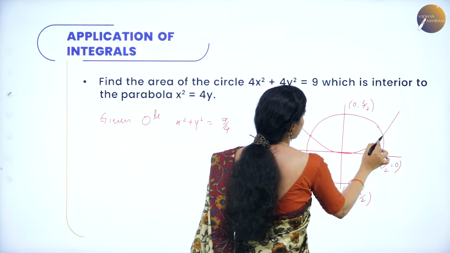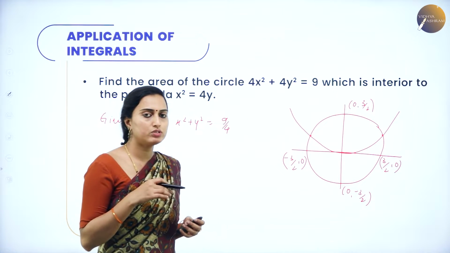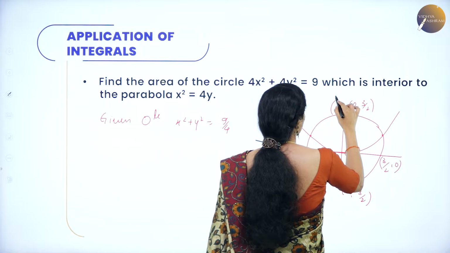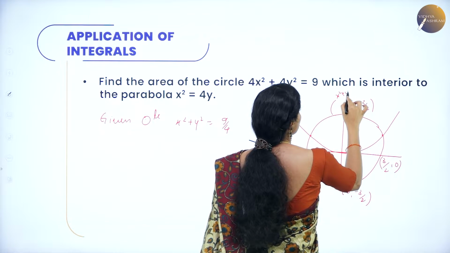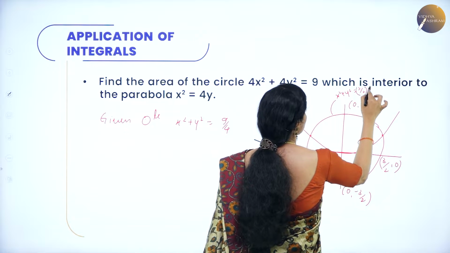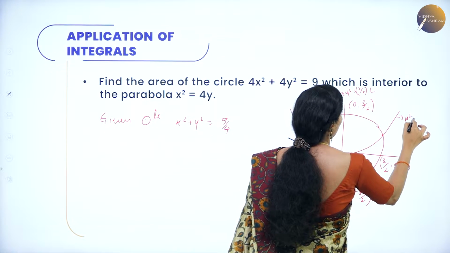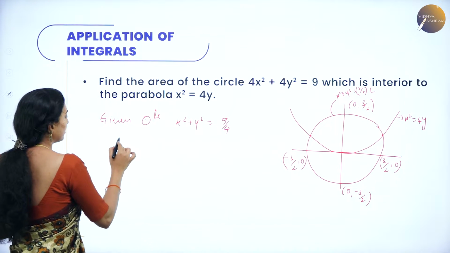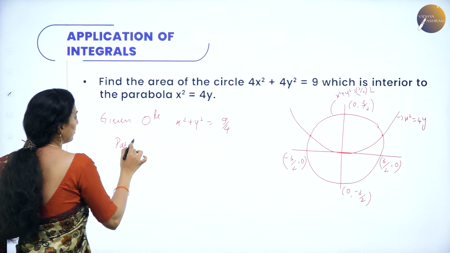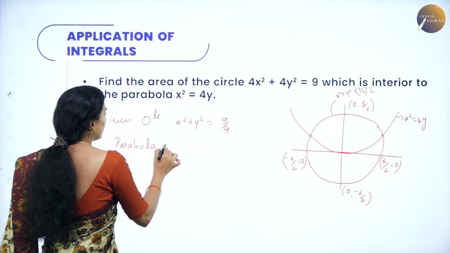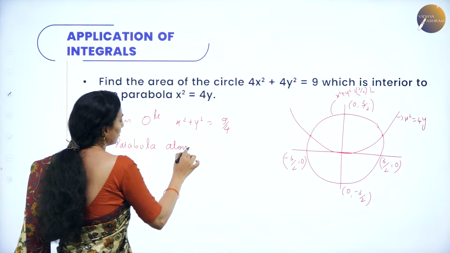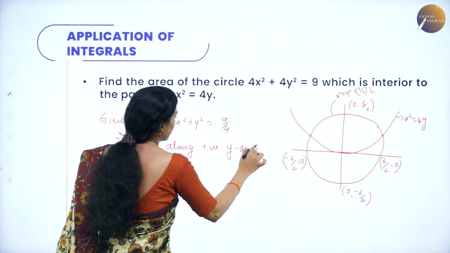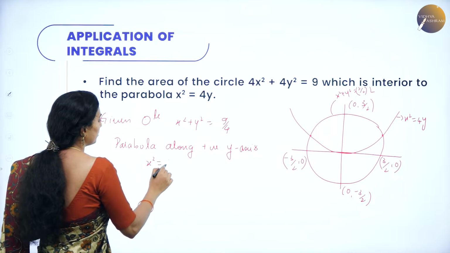So this point of intersection I need to find out. Let me find out by solving the equations. This is the circle, x squared plus y squared is equal to 3 by 2 whole squared, and this is the parabola along the positive y-axis, x squared is equal to 4y.